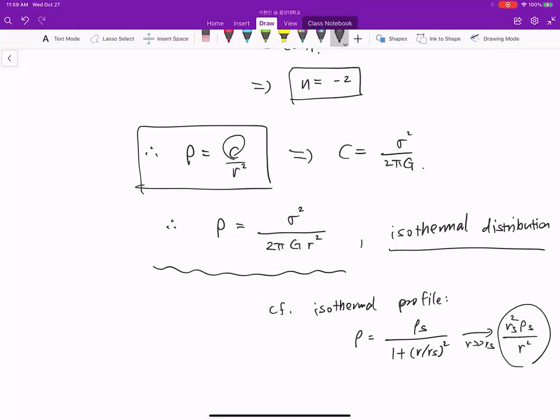But it is only in a certain region, only for the large radius.